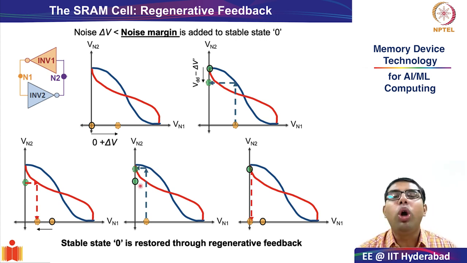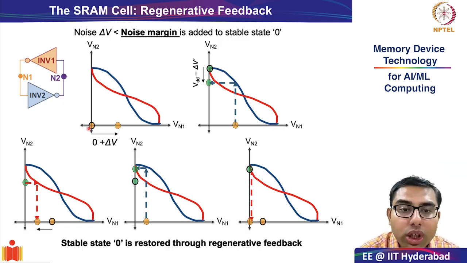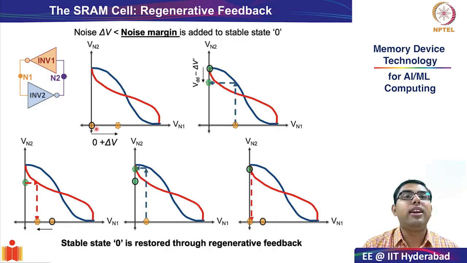And within a few so-called bouncing offs of the hysteretic loop, you will see that the state both at Vn1 and Vn2 has returned back, has been regeneratively fed back to the original state without any noise. And this is the core reason why there is positive regenerative feedback in the hysteresis loops.